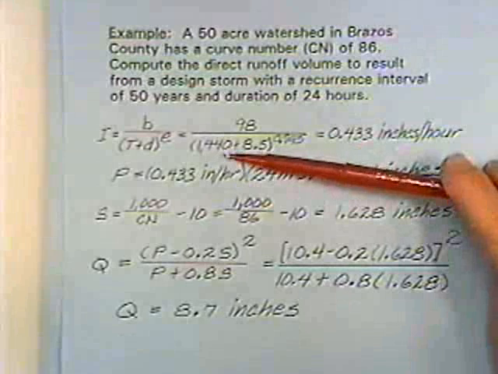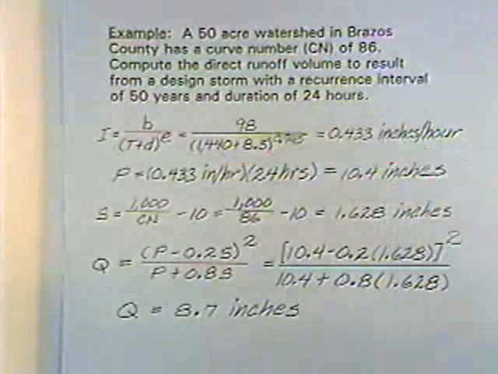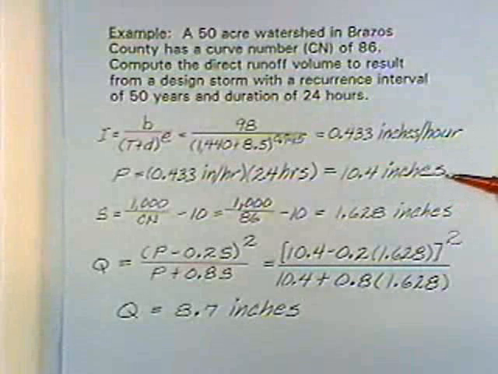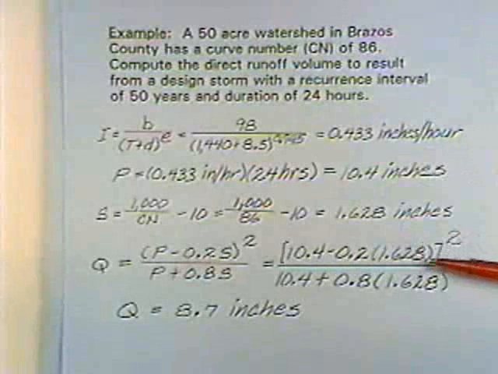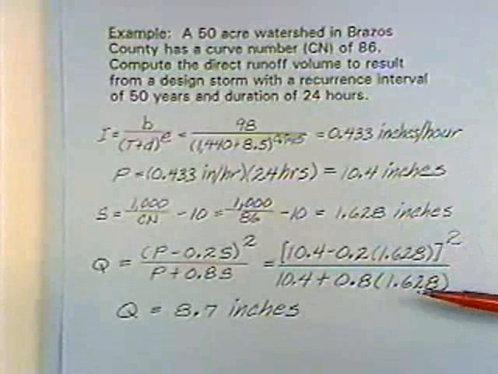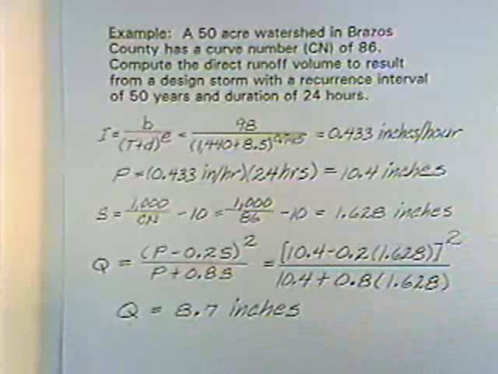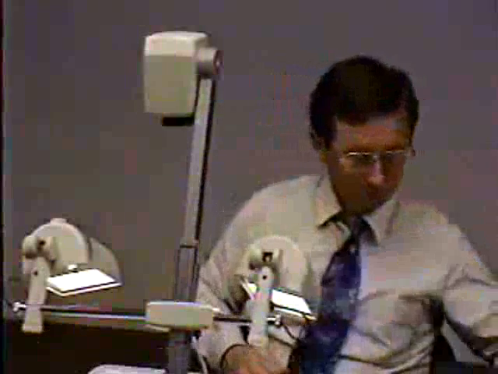We plug in 24 hours in minutes, that's 1,440 minutes. We get a precipitation volume of 10.4 inches. We plug into the SCS curve number rainfall runoff relationship to get a resulting runoff volume of 8.7 inches. That's used in the unit hydrograph.